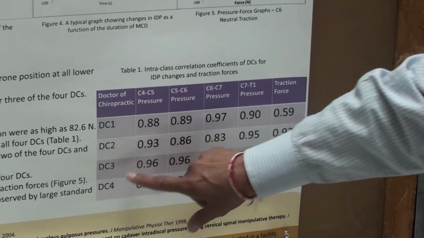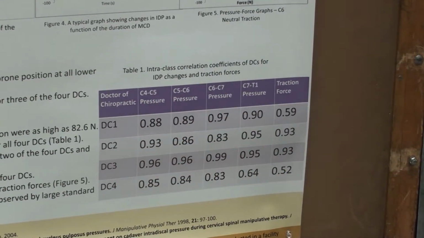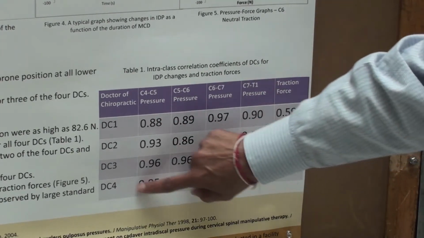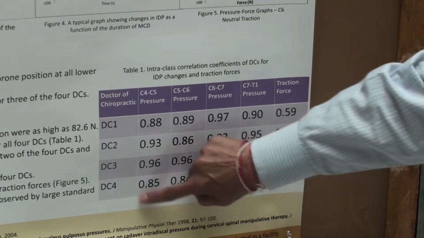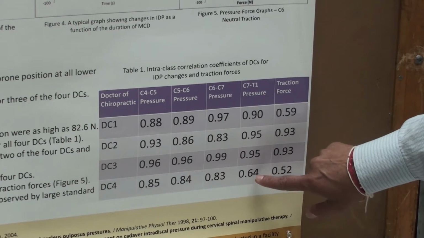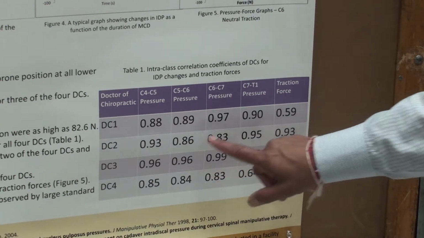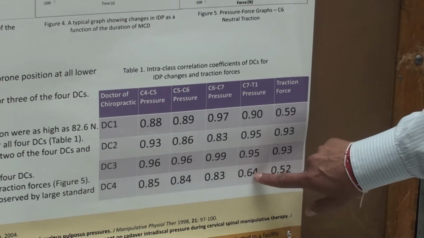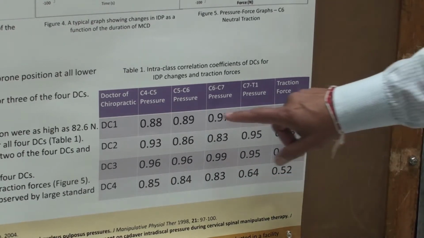All these 4 doctors, when they repeated 3 times, how consistently? These are the intra-class correlation coefficients. They are pretty good, except for one case, from 0.83 to 0.99. Only one case, 0.64.